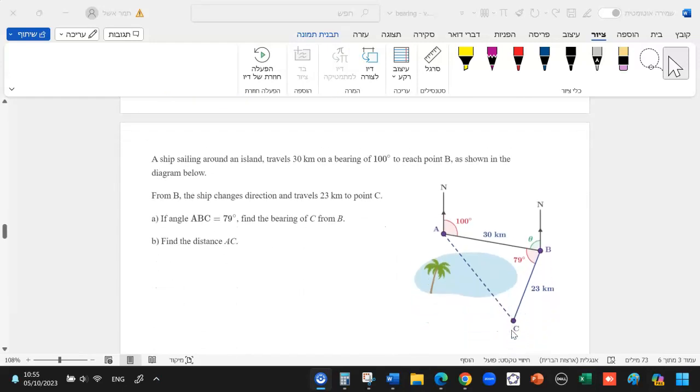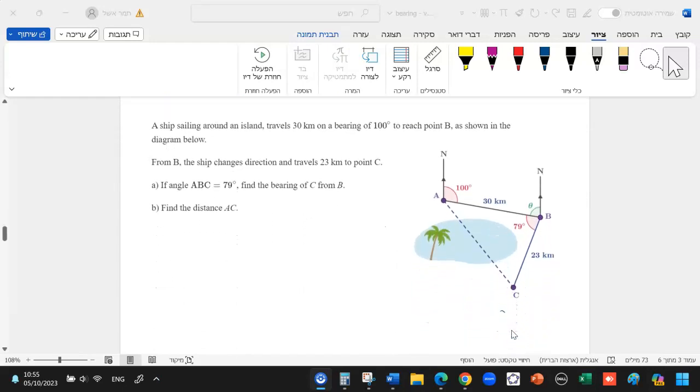Here's another question about the ship. Try to read it and solve, and then look at the solution.